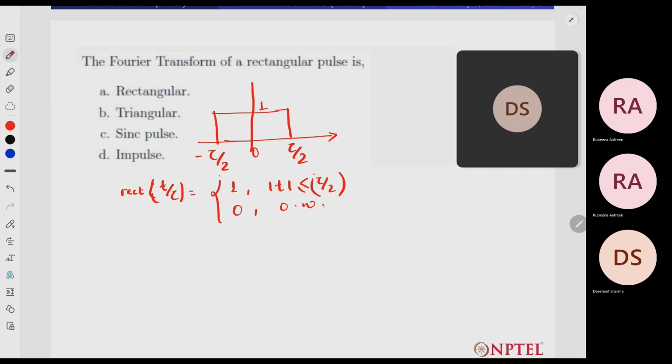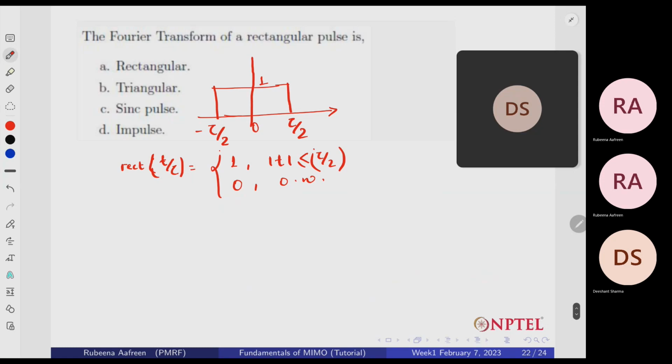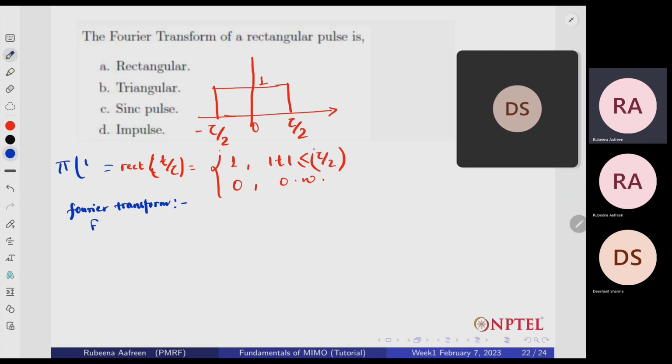So from the definition of the Fourier transform, what do we have? For this pulse, suppose we call it phi of t by tau.